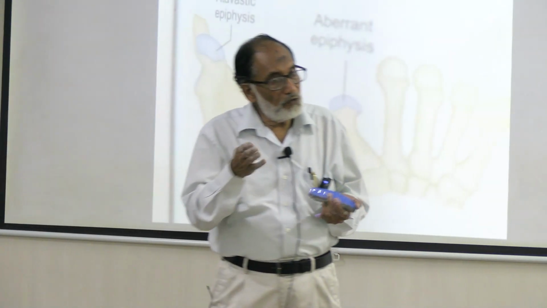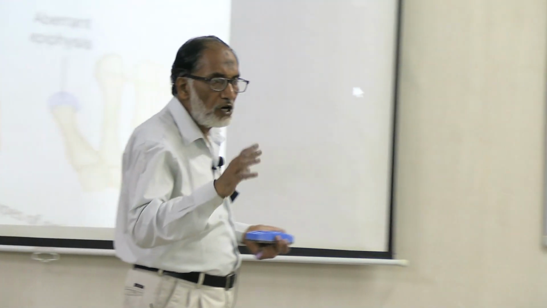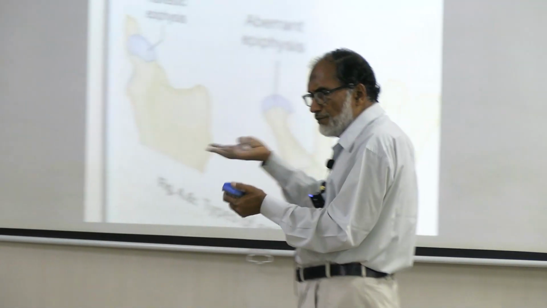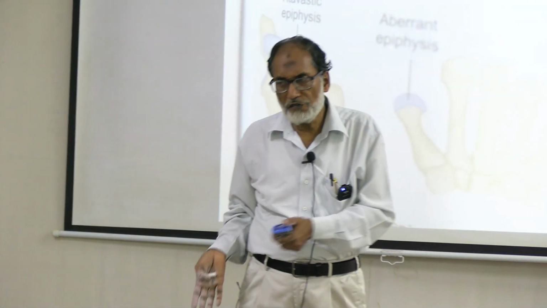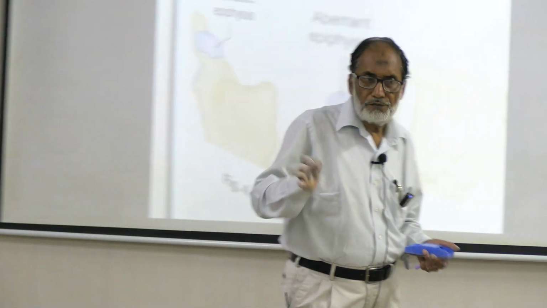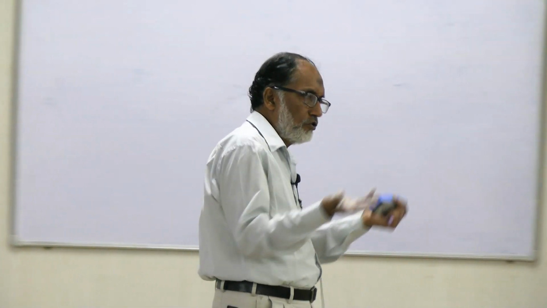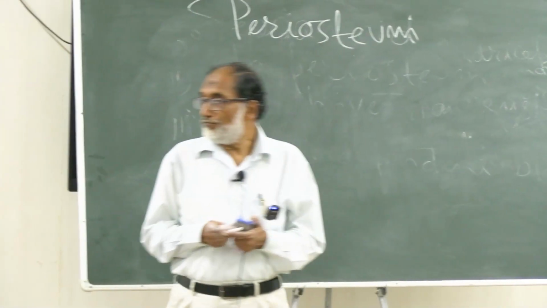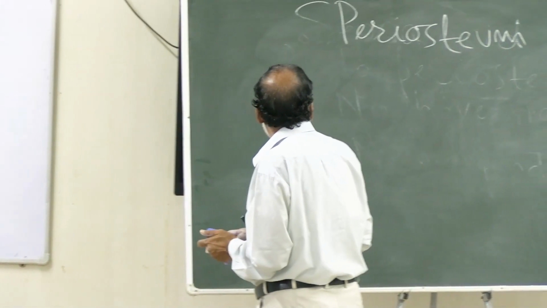This condition we generally call osteoarthritis. You will find many aged patients suffering from osteoarthritis, a very painful condition, because there is no periosteum, so there will be no formation of the articular cartilage. This is called periosteum.